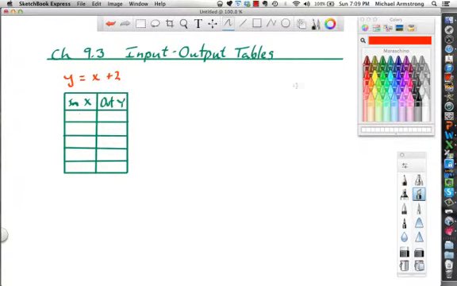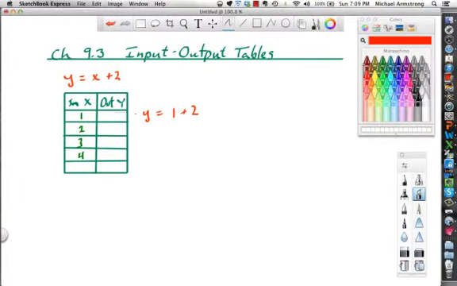So we start out with numbers 1, 2, 3, and 4. And then we add 2 to them and we get outputs of, let's see, y equals 1 plus 2. That makes sense.